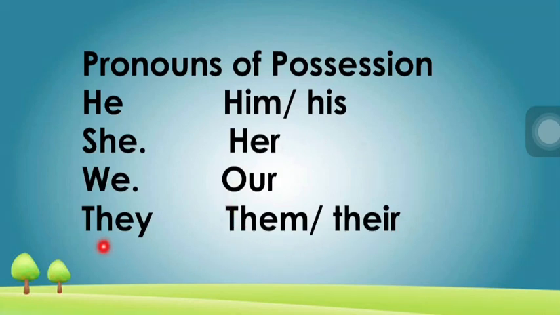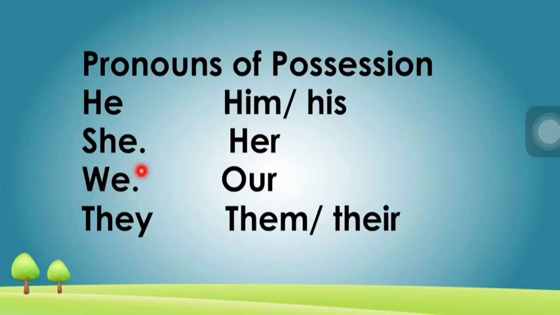Is it clear? Now let's revise pronouns again. He, we use he for the male noun. She, we use she for the female or girl. Both he and she we use for the single noun, single female and single male. Now the next, we.